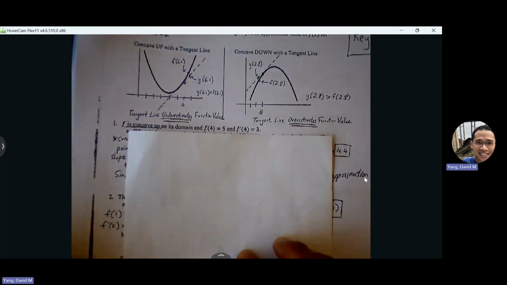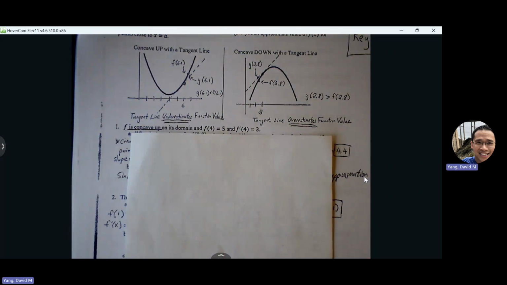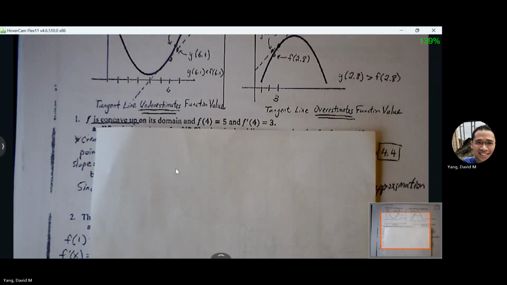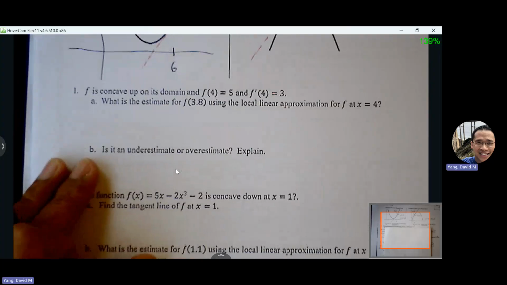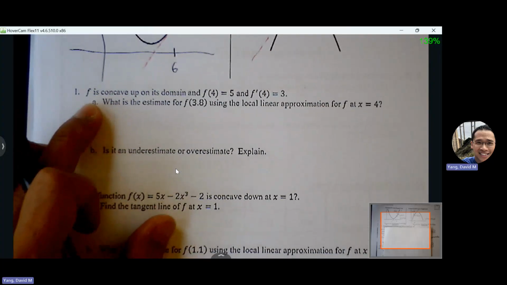Okay, so let's look at number one. Let me give you a moment here. All right, so number one, our function is concave up.